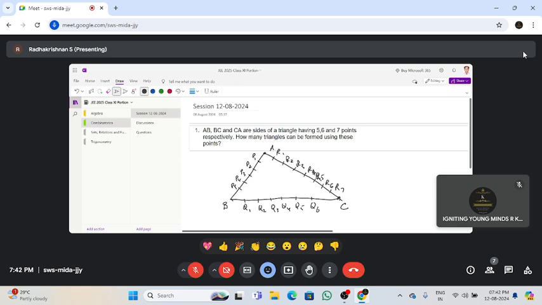Come up with some ideas how we can pick up 3 points. What is the condition that a triangle will be formed?